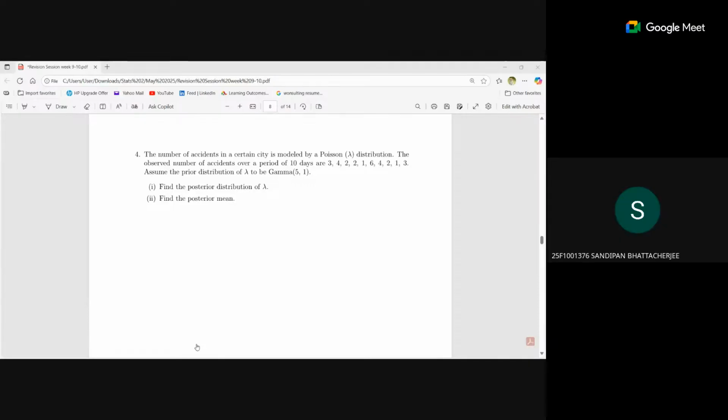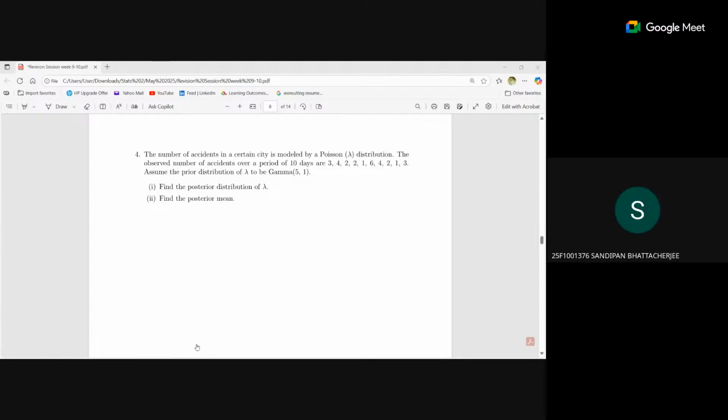Is it gamma 3, 29? Have you guys solved this question?